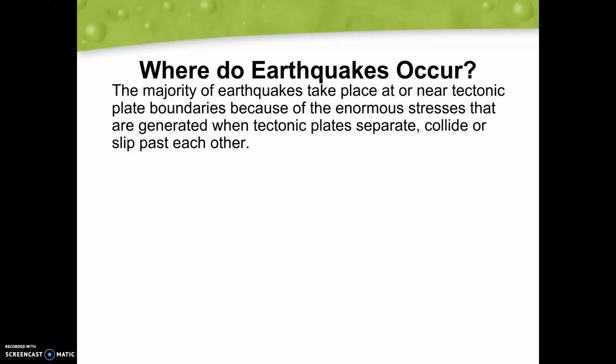They occur at or near tectonic plate boundaries. We're going to see that where plates separate, collide, or slip past each other. So we're going to see that at pretty much all the different types of boundary movements.